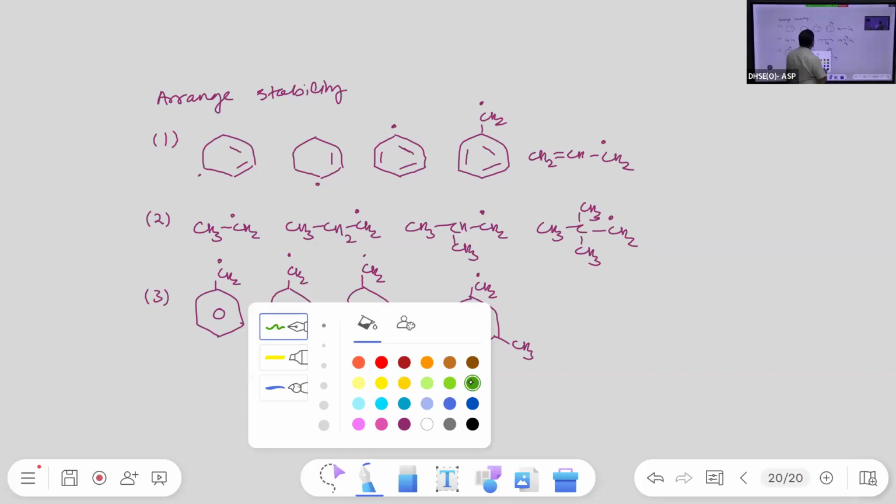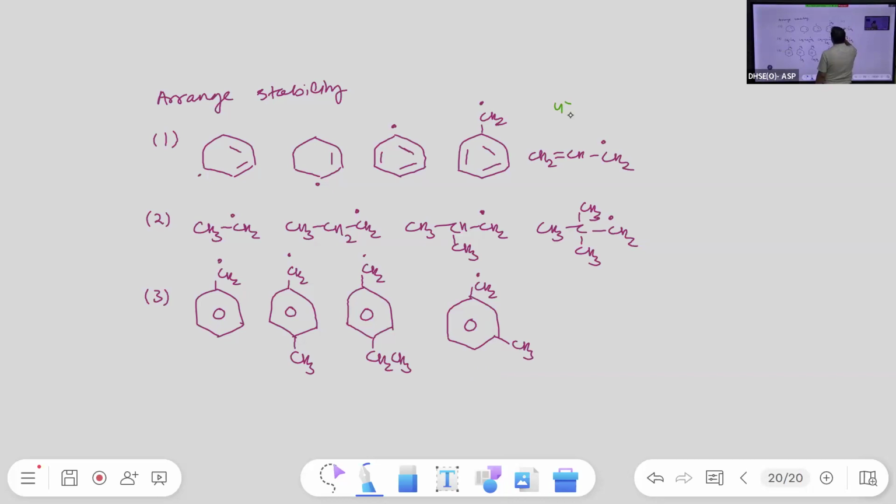First, the answer to the first question: 4, then 1, then 2, then 5, then 3. And it is 1, 2, 3, 4. And here it is 2, 3, 4, 1.